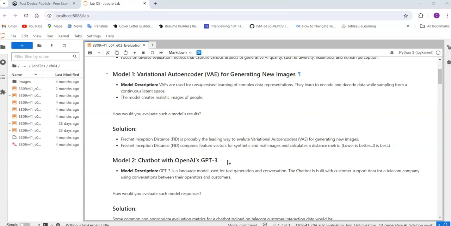Coming to the first one, FID, that is Fréchet Inception Distance, or you can also call it fidelity.